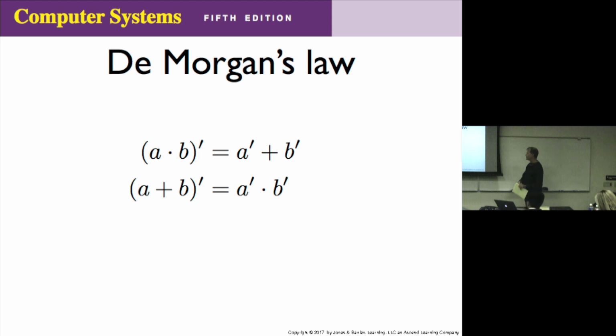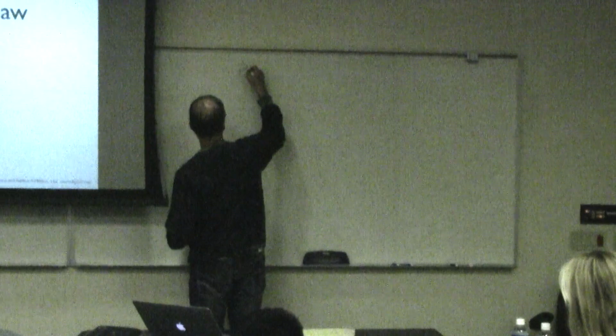What does De Morgan's law say? There are 2 De Morgan's laws. It says that the complement of A and B equals A prime or B prime. Now, I'm going to write down a statement about how to prove complements, and then we're going to apply it to the proof of the first De Morgan's law.